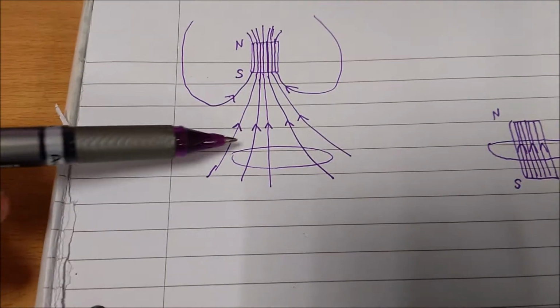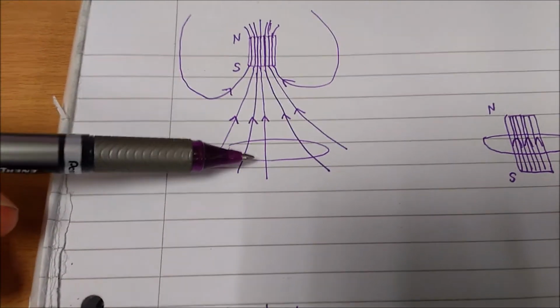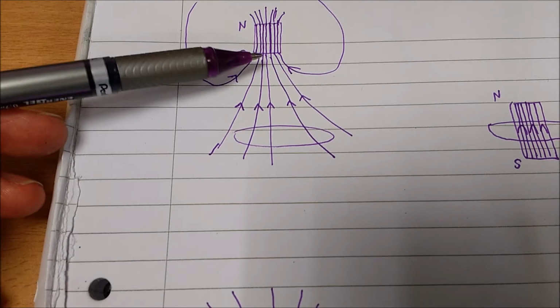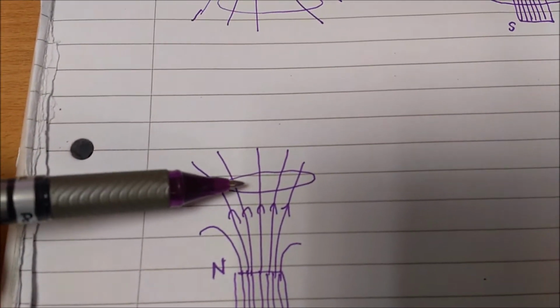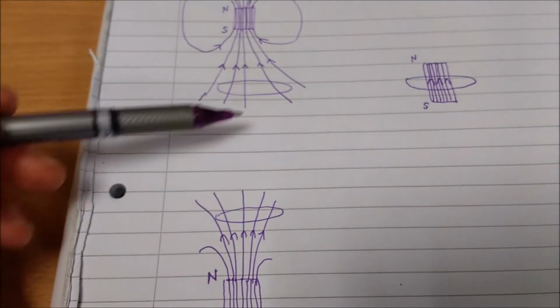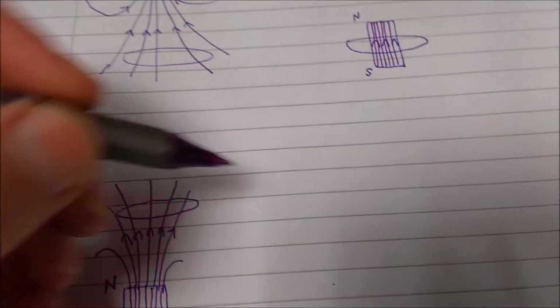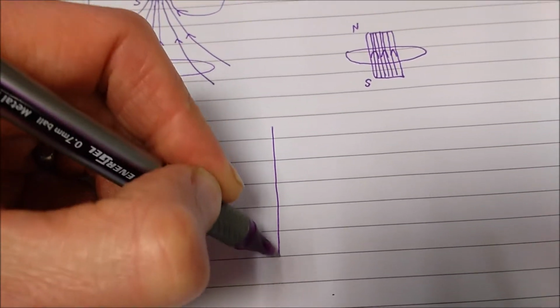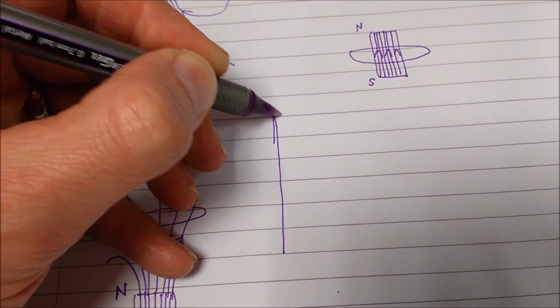It's just worth noting that the flux lines are pointing up here when the magnet's above. They're still pointing up through the coil when the North Pole's below, so the flux is in the same direction in both diagrams.